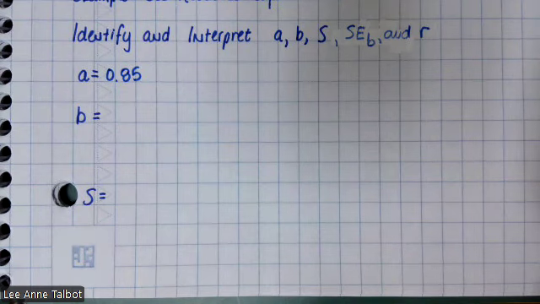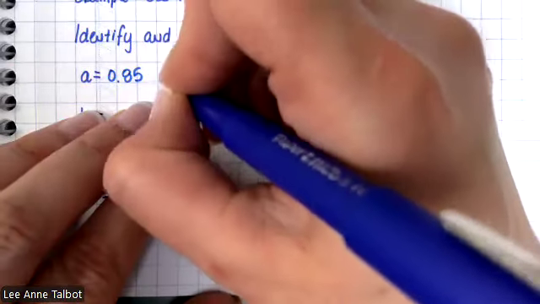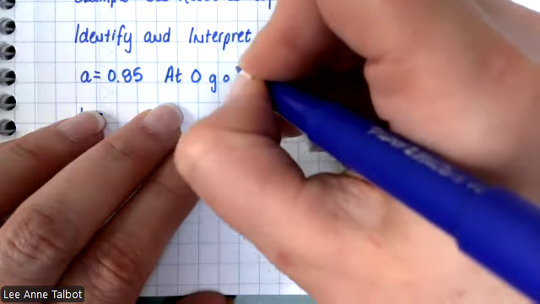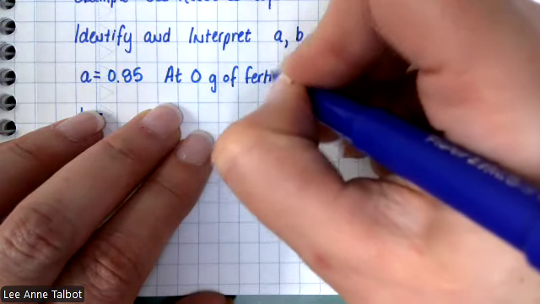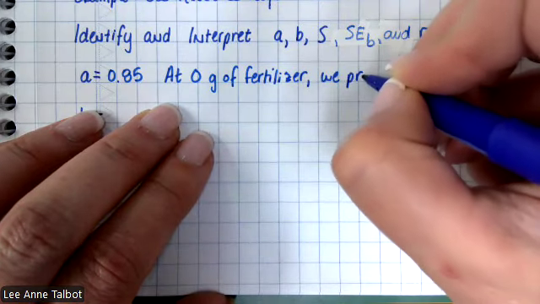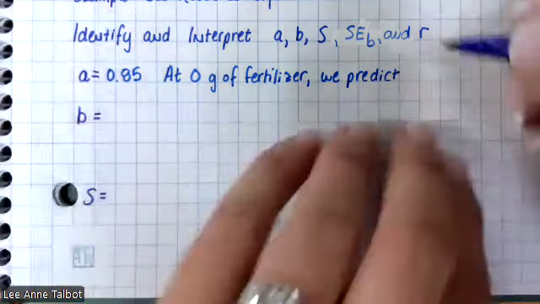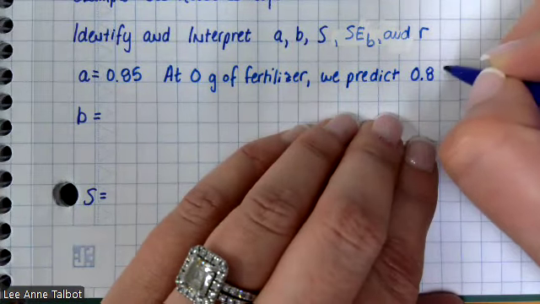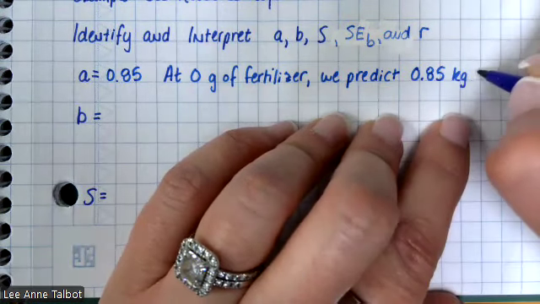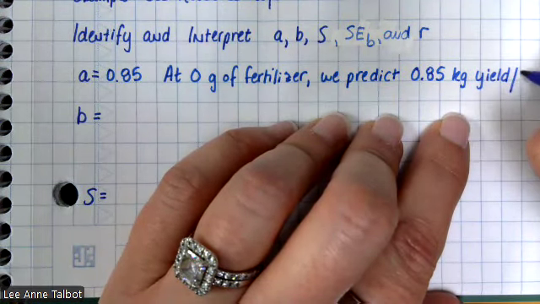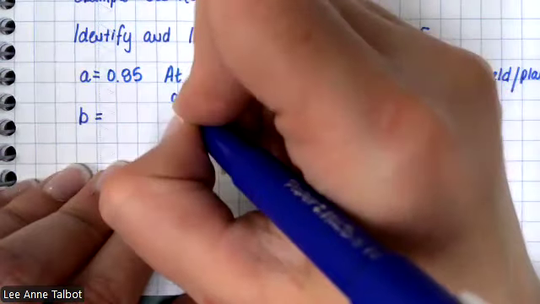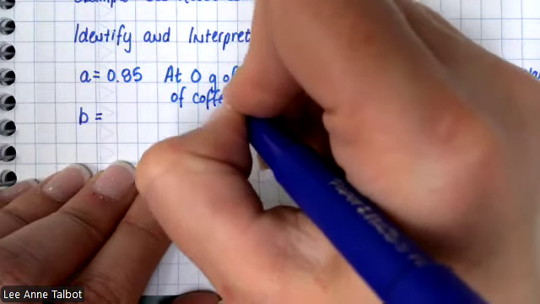And what is that thing? The constant, the y-intercept. So at 0 grams of fertilizer, we predict 0.85 kilograms yield per plant of coffee beans.